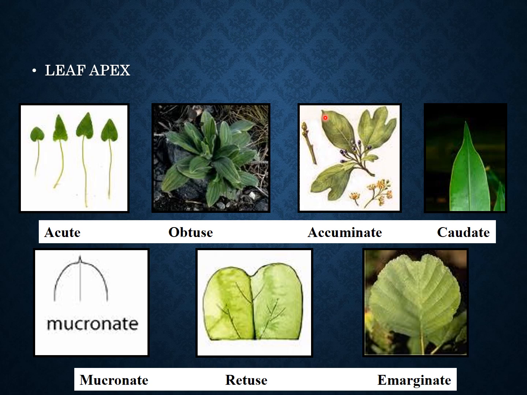Acuminate: abruptly narrowed apex, and in case of caudate, apex projected into a long and tail-like structure. In mucronate type of leaf apex, a small acute projection is developed in the rounded apex. In case of retuse, reduced apex with a small notch, and in case of emarginate, apex with a deeper notch.